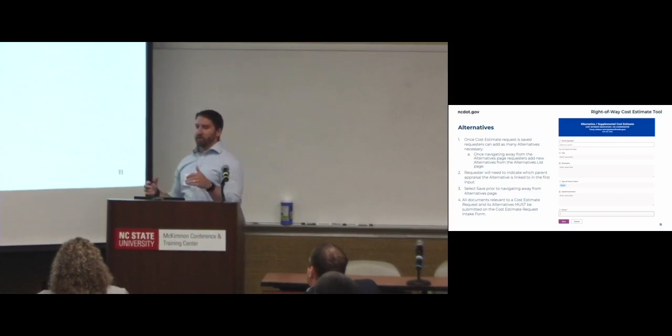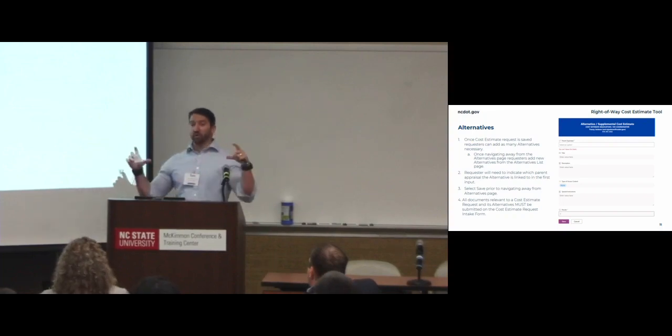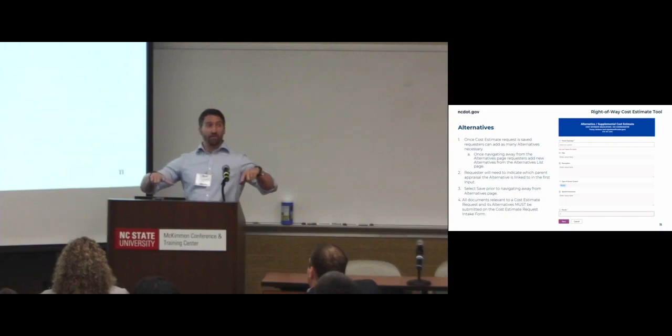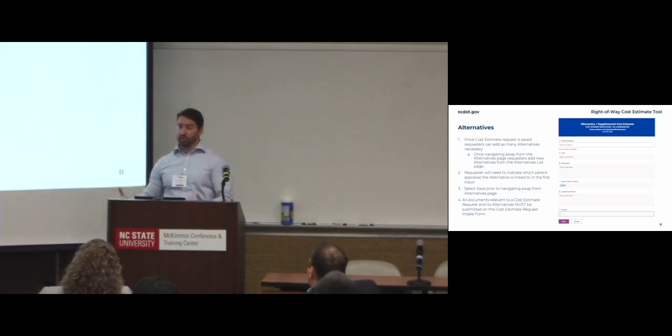Your alternatives are independent of your parent form, even though they are linked. So your parcels are going to need to be independent, every parcel that's related to that alternative itself, instead of just the additional parcels or maybe less parcels.